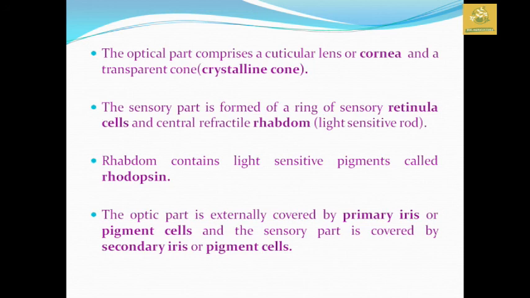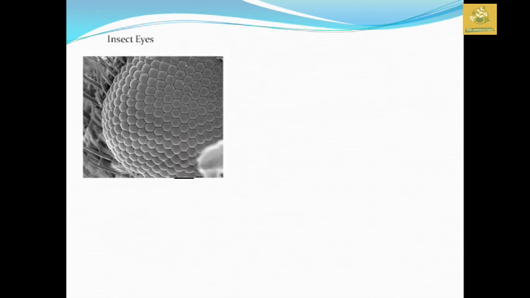The sensory part is made up of retinal cells and the central refractive rhabdom, a light sensitive rod, which contains light sensitive pigments known as rhodopsin. The optic part is externally covered by a primary iris and pigment cells, and the sensory part is covered by the secondary iris and pigment cells of the insect.